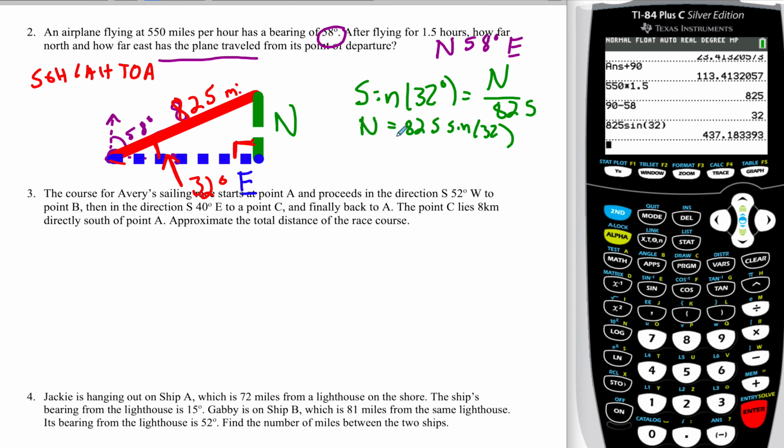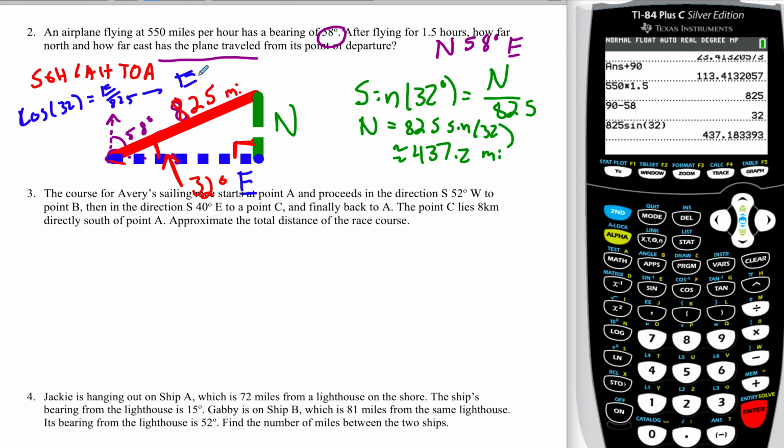So that's what that means, and again you can see this is not drawn to scale. That means that we have gone approximately 437.2 miles north.